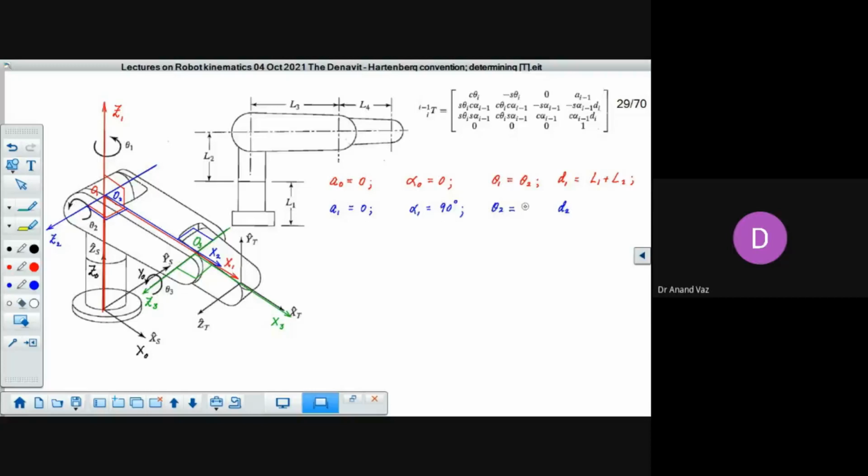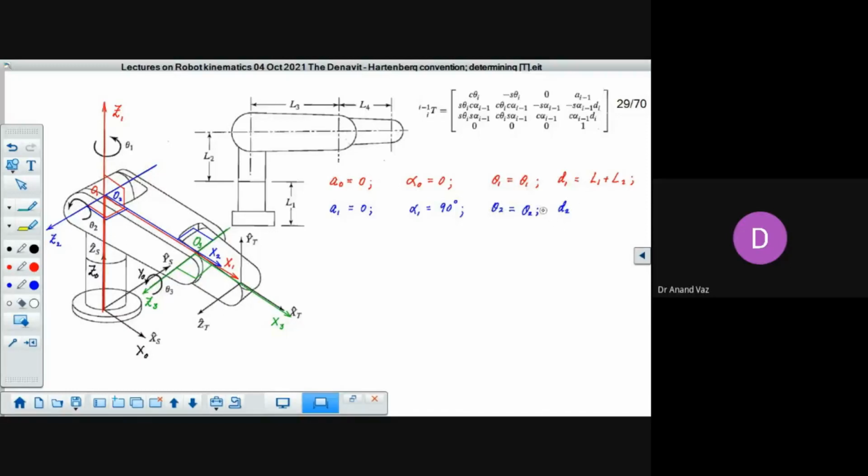I'm sorry, I wrote here theta 2. This is wrong. This should have been theta 1. I wish you had corrected me at that time. So this is theta 2. It's the joint angle that is measured about z2 from x1 towards x2. So this is the angle which it makes with the horizontal, you can see in this case. So we'll keep this as theta 2.